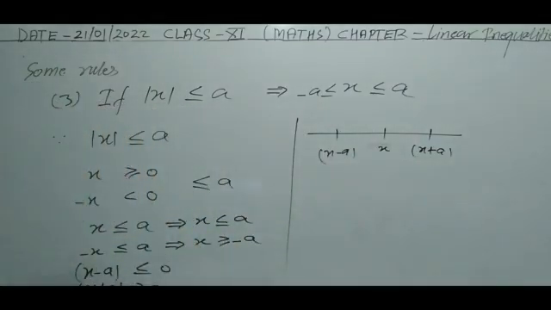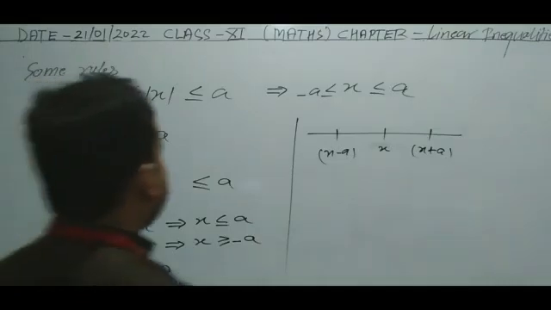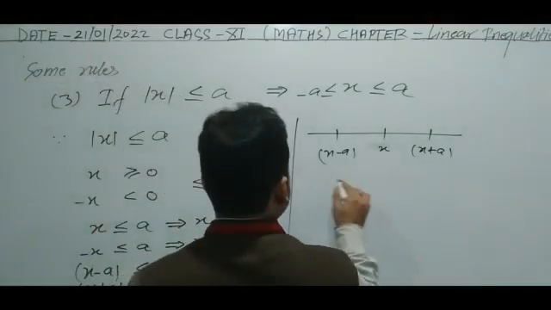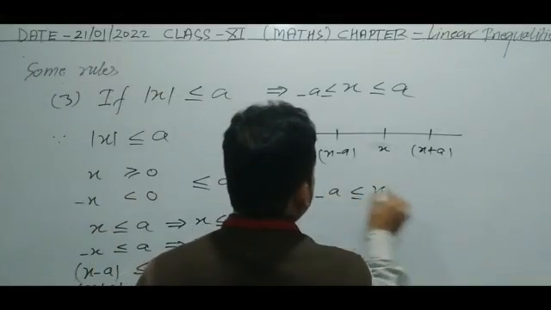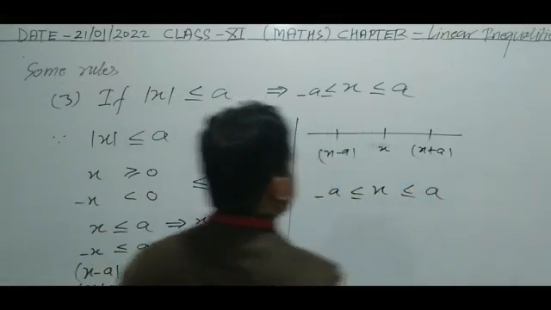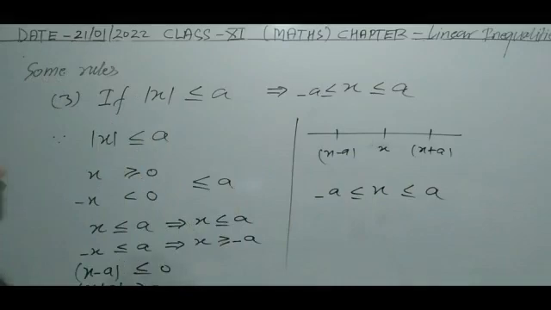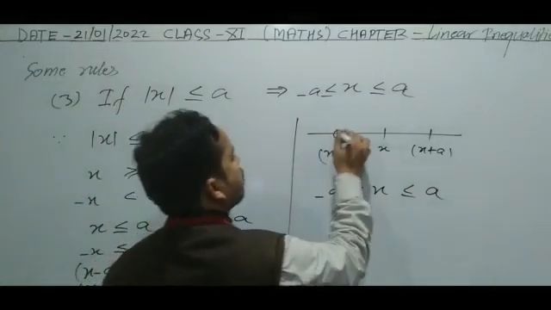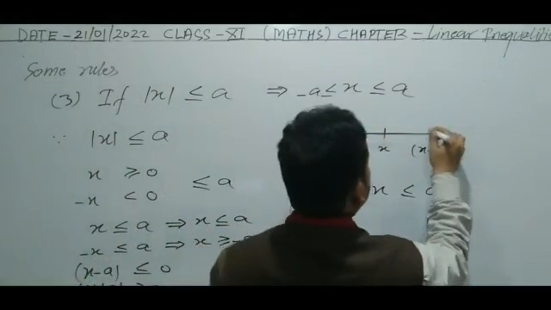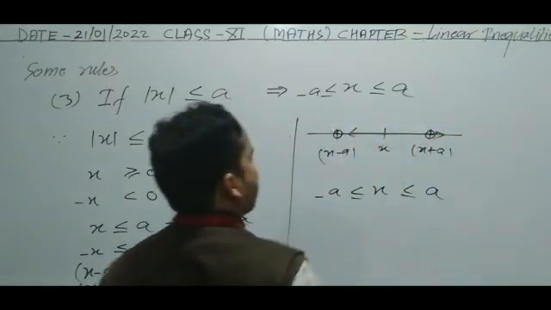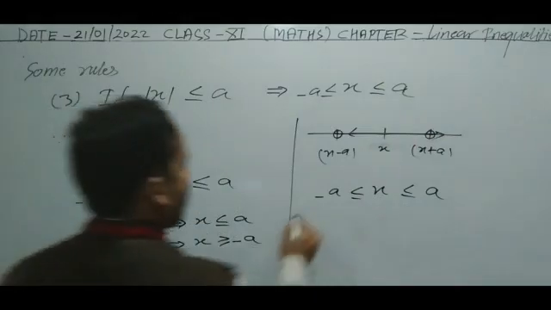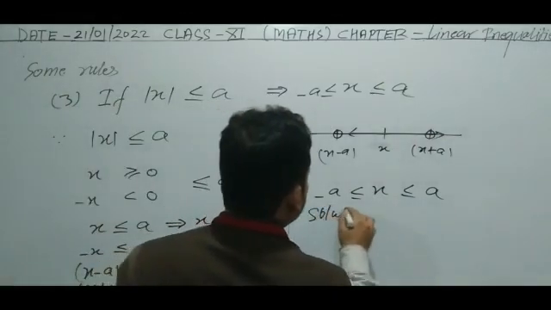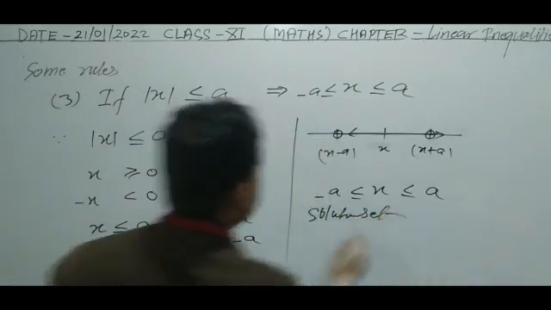And now the result we can write directly: x is greater than or equal to minus a and less than or equal to a. Now this is the solution set.